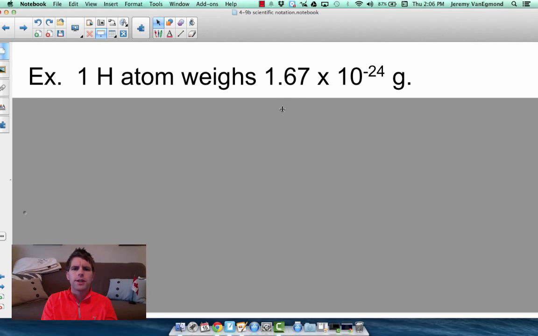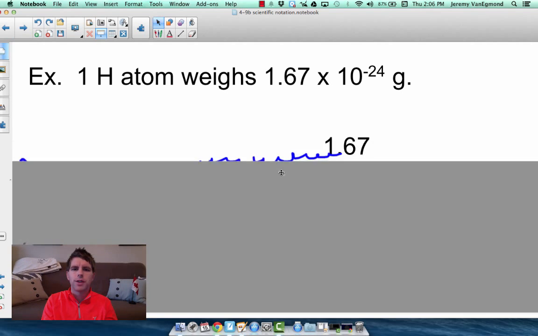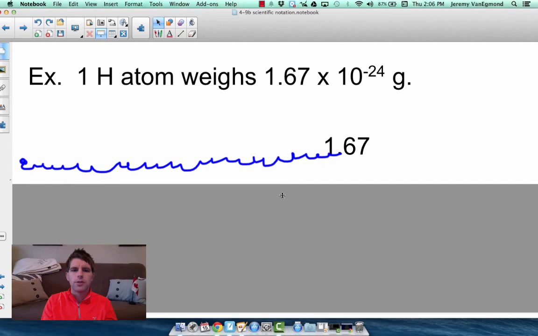So we're going to write down 1.67, and as you see, I've already done my best here with this device to move the decimal that was right here and move it to the left 24 times. I moved it to the left because the exponent on the number in scientific notation is negative, so I need to move the decimal to the left 24 times, and it ends up way down here.